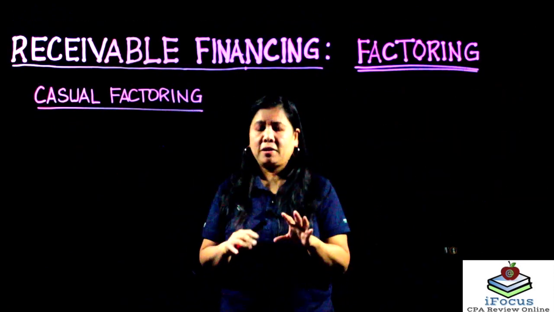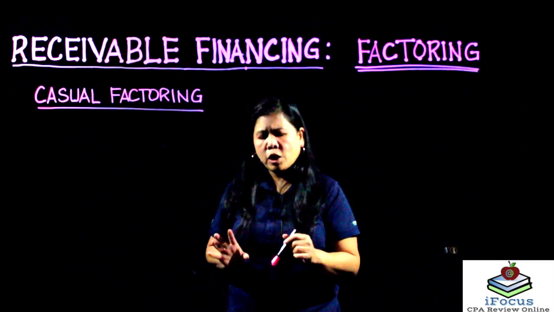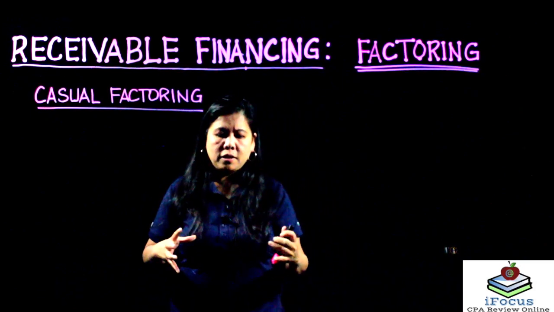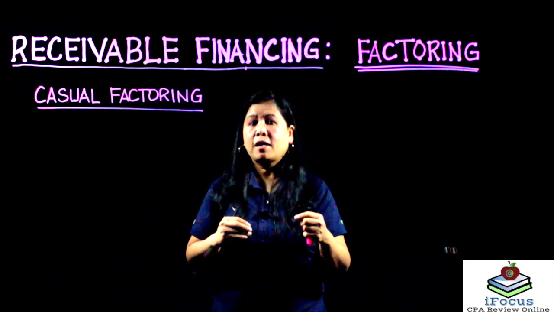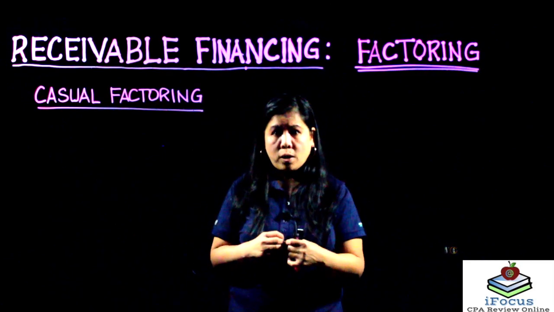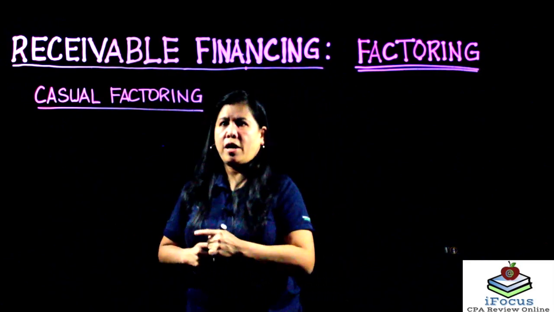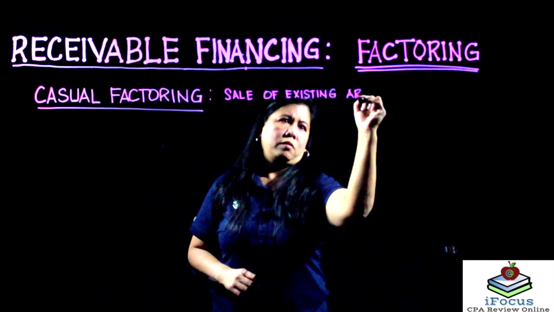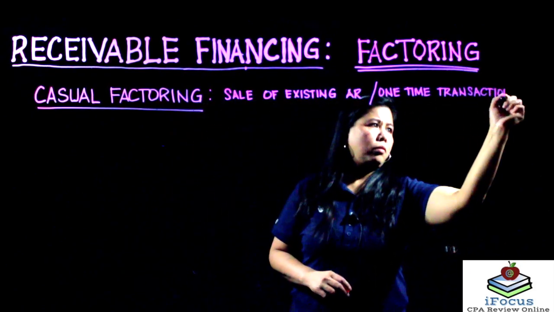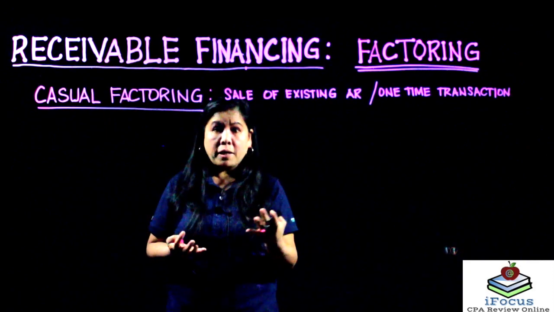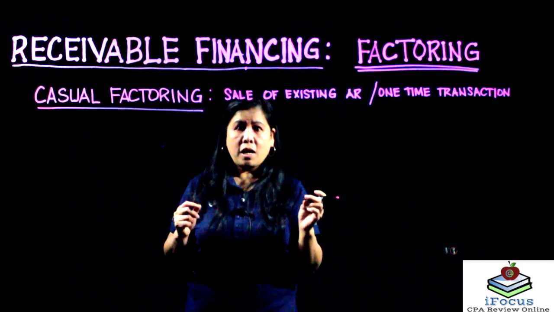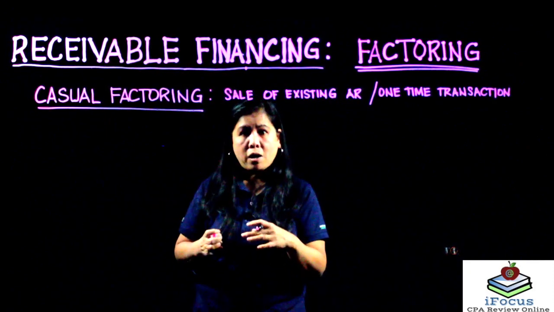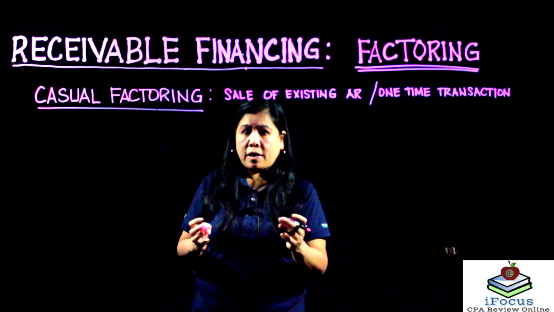So, pag-usapan natin itong casual factoring. So, ano ba itong casual factoring? This is selling your existing accounts receivable. It is a one-time transaction. Paano tayo mag-uumpisa kapag nagbenta ang ating company ng kanyang accounts receivable sa bangko or other finance company?